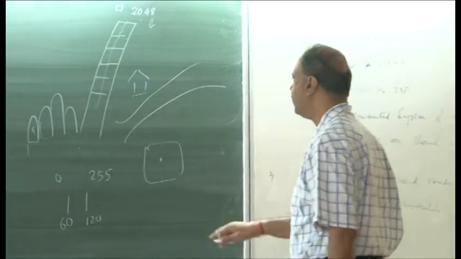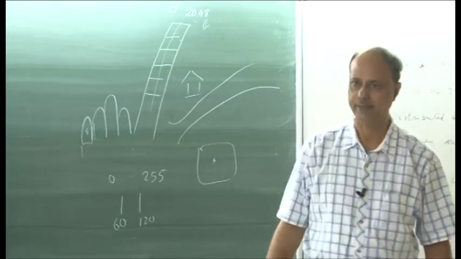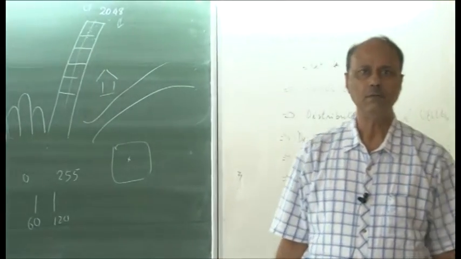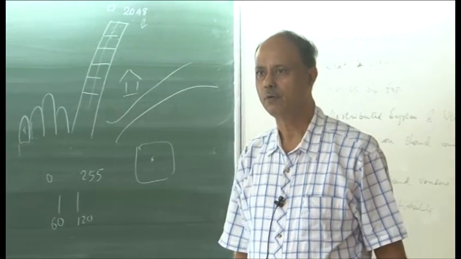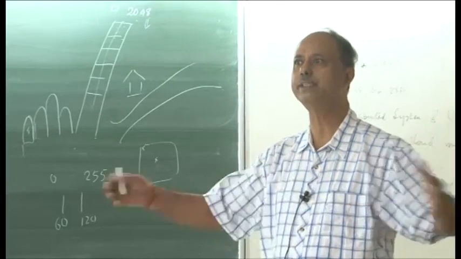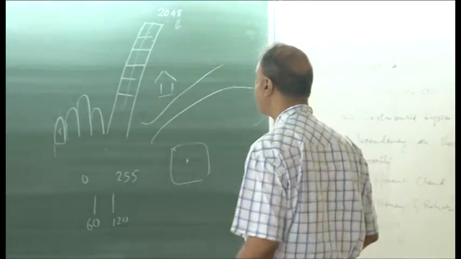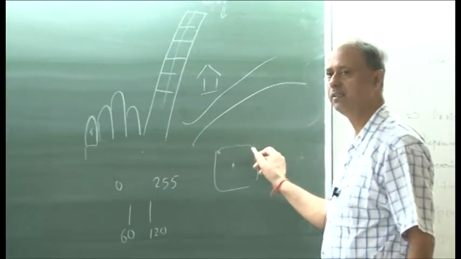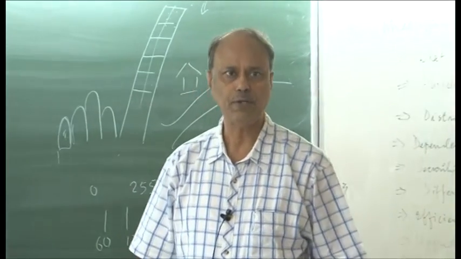You will be getting say 60 to 120. Now, you want to improve your contrast. You want to show that it is covering the whole range. So, you need to do some operations on each pixel, right. That is your point operations.